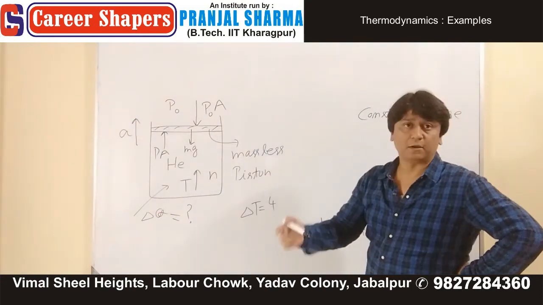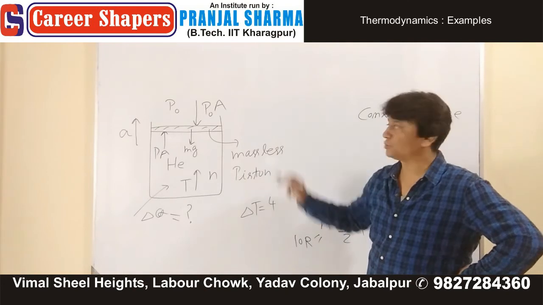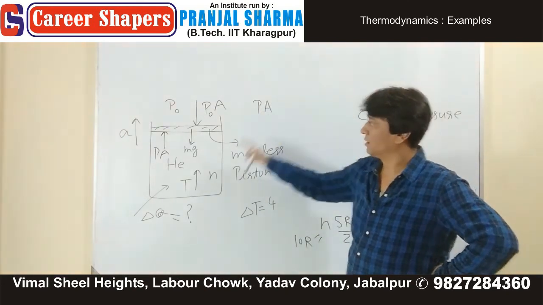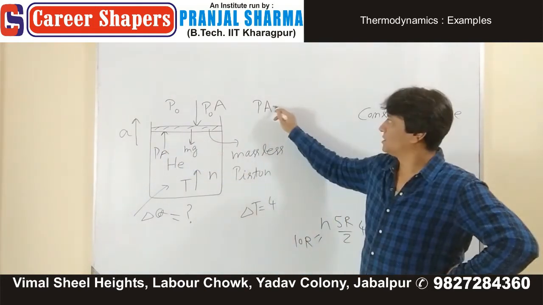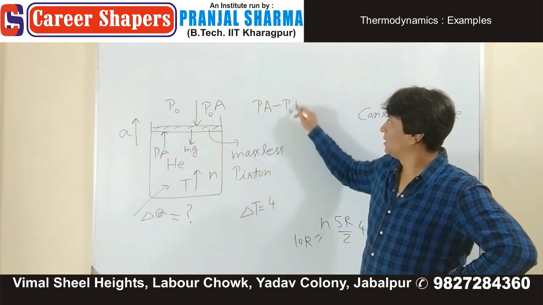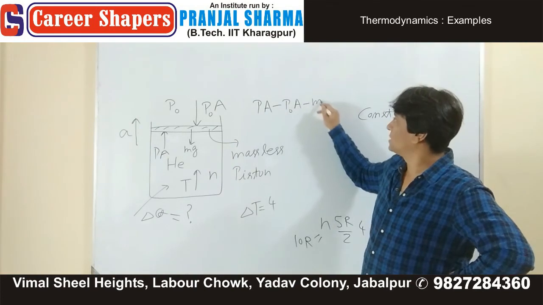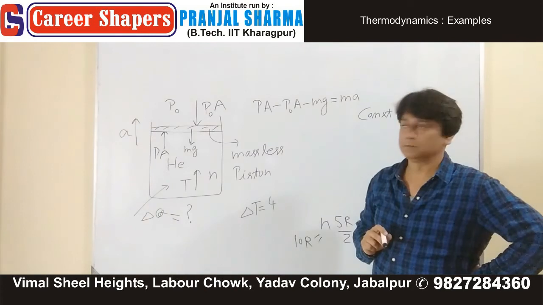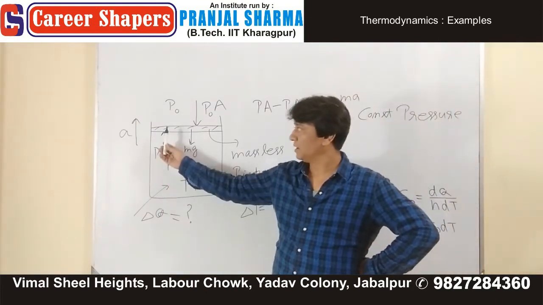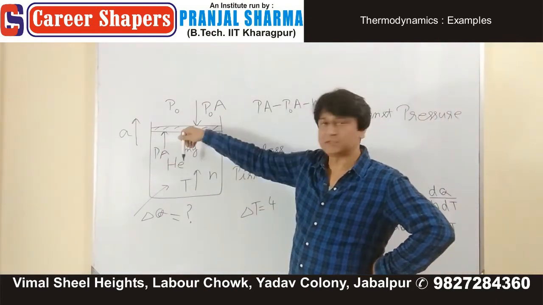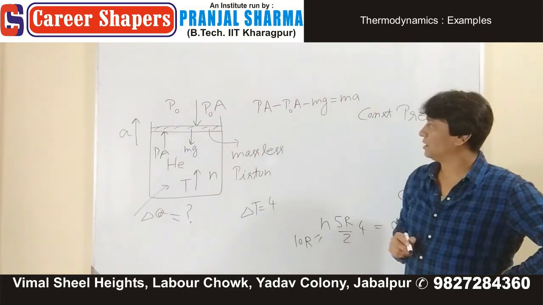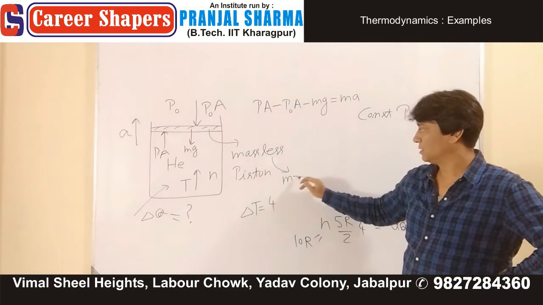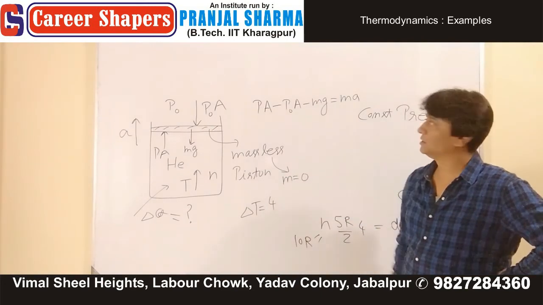So how do you write the equation? F equals ma. What is that? PA minus P0 A minus mg equals ma. But what is the mass of the piston? 0, massless.